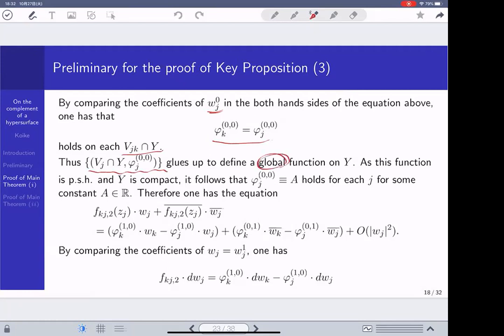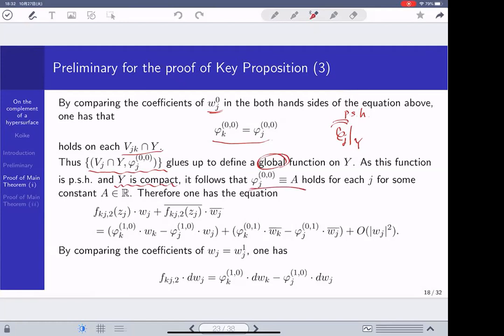By the way, phi j00 is, by definition, phi j restricted to Y because it is the constant term. And phi j is pre-subharmonic. So the phi j00's define a global pre-subharmonic function on a compact manifold Y. So by the maximum principle, it is constant.